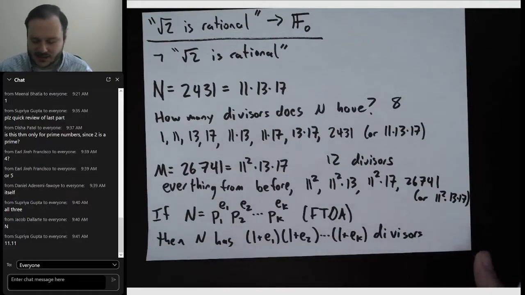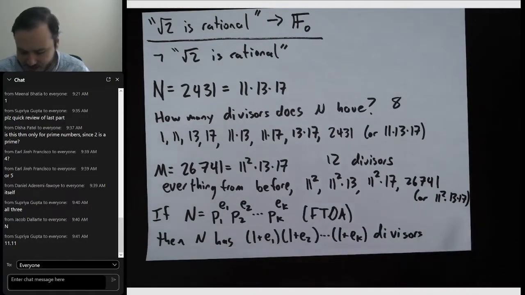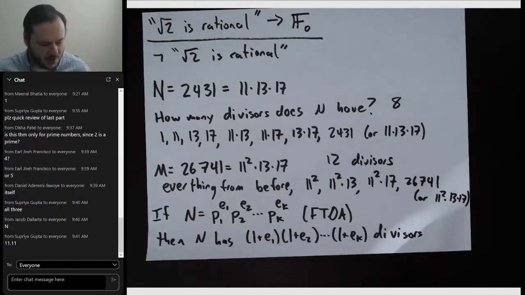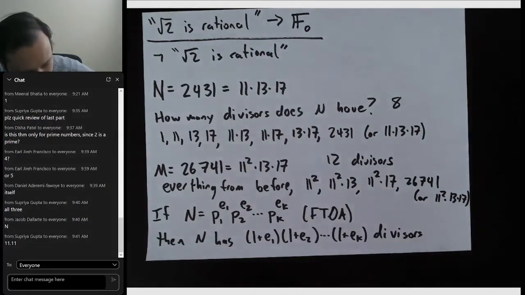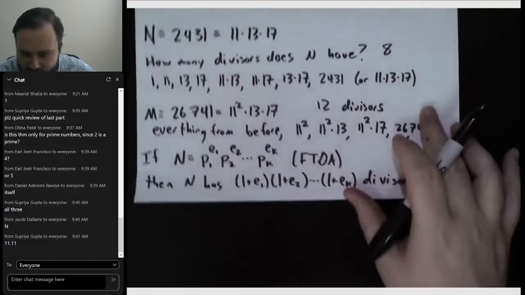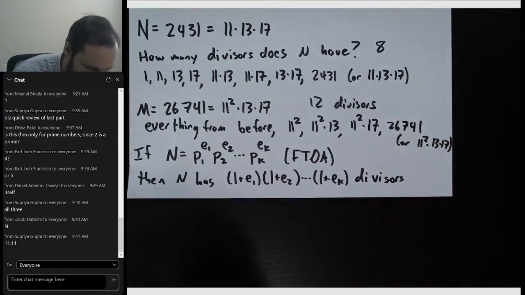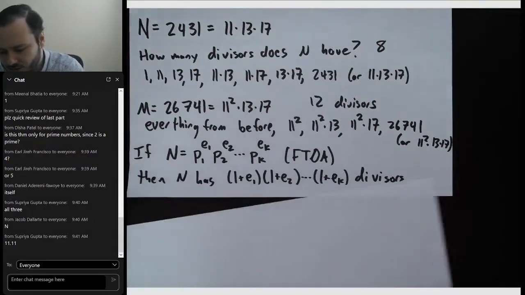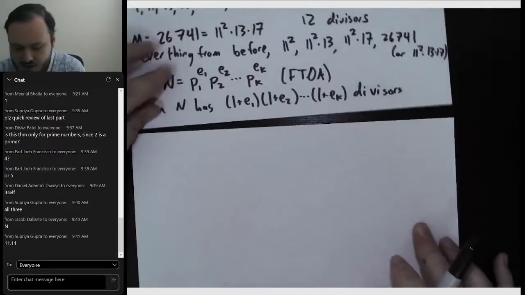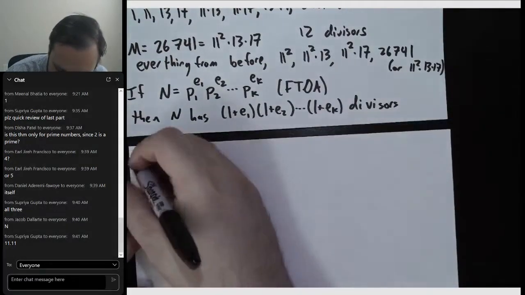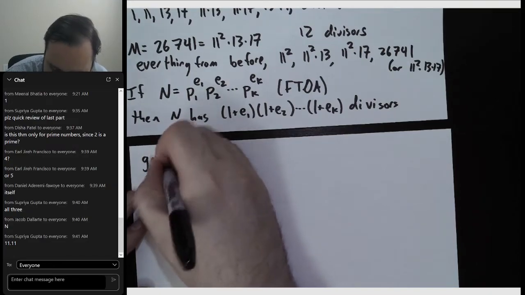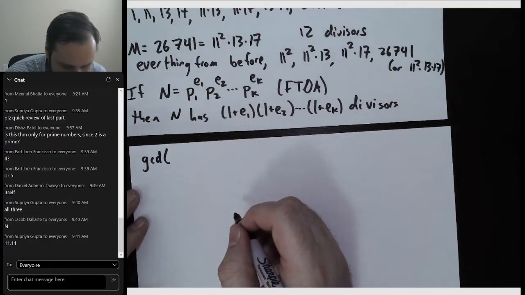The plus 1 accounts for the 0. So this tells me how many total divisors there are. And this is nice because it can help us calculate GCDs way faster. The Euclidean algorithm is nice, but even faster if you already have a prime factorization.